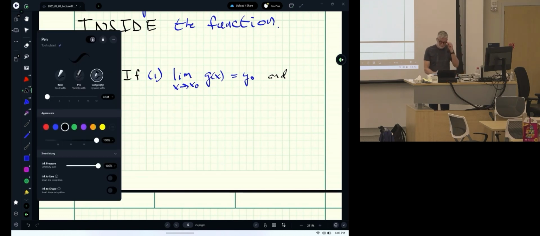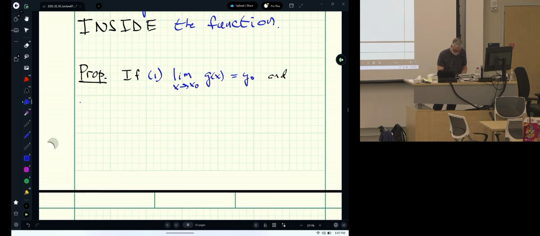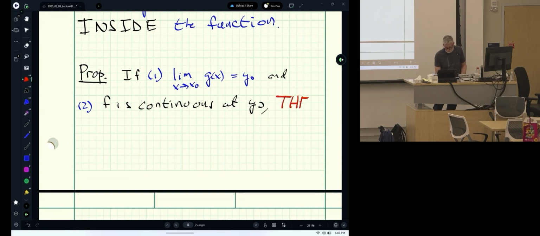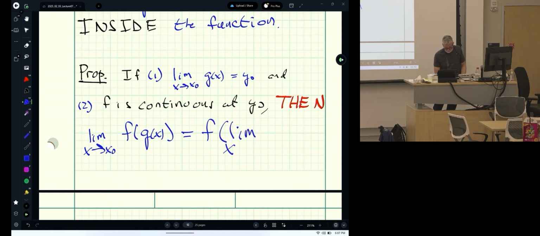And two, f is continuous at y0. Then the limit as x goes to x0 of f of g of x can be evaluated by taking the limit inside the function.